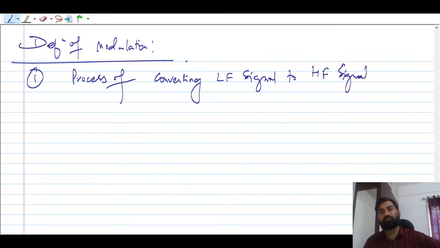You can say from baseband to band pass. Baseband, what do we call baseband? When the signal is centered around the origin, you can say around zero frequency. That is called baseband. That is the band limited signal, right? We will limit the band.